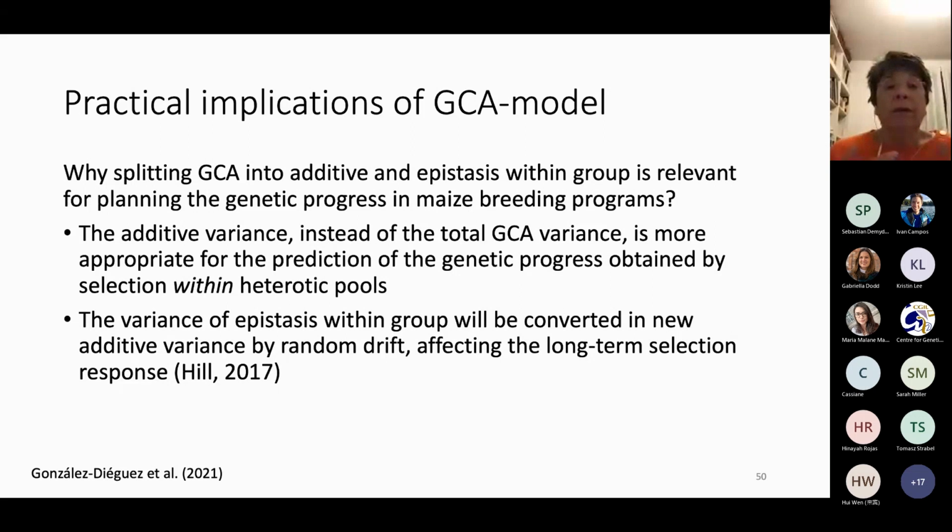Because we have to remember that the additive variance, instead of the total GCA variance, is more appropriate for the prediction of genetic progress obtained by selection within the heterotic group. And the variance of epistasis within the group will be converted into new additive variance by random drift and affect the long-term selection response. And you can find that in one of the papers here.